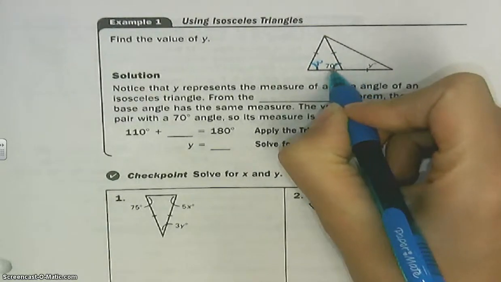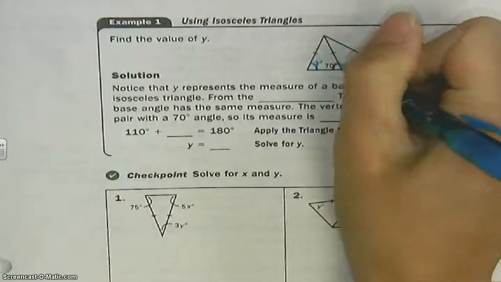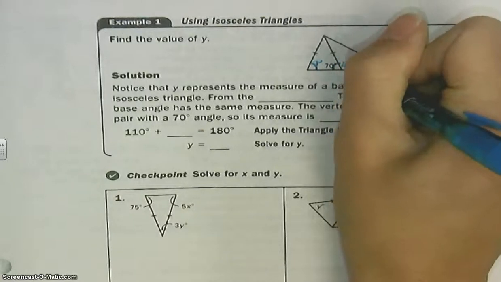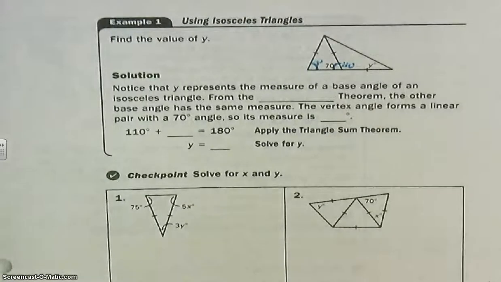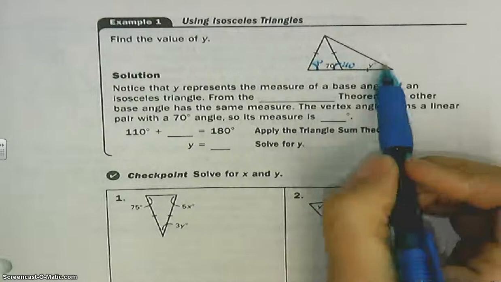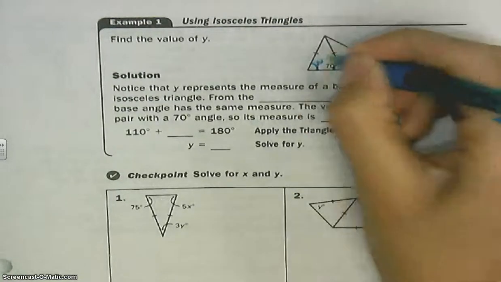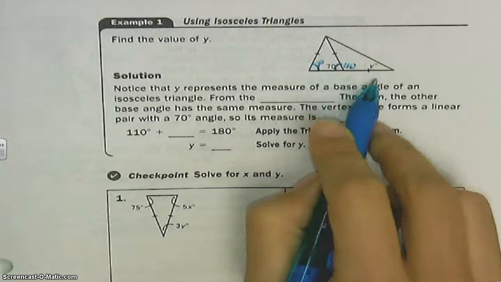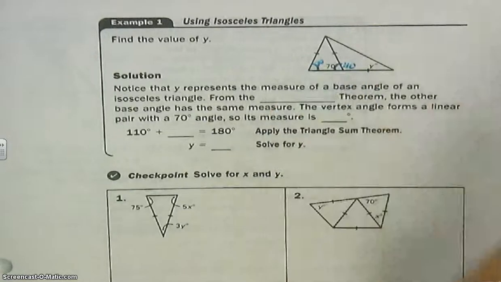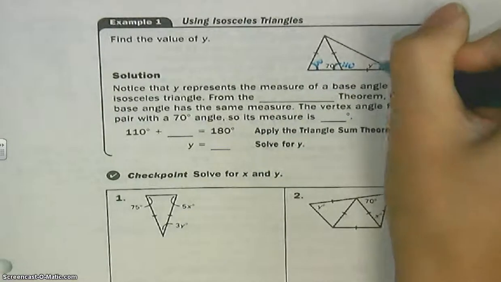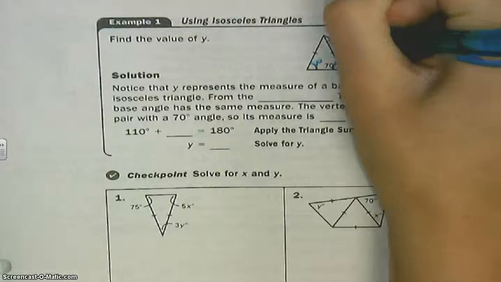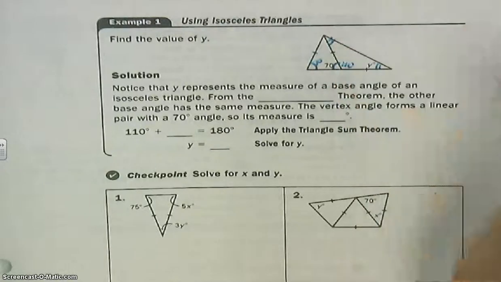So a linear pair is 180 degrees, which means I need 110 degrees right here. Now, this is a little bit more helpful because now we're at least working in this triangle, so that's a good start. Well, oh, I see another pair of legs. So here's a pair of legs, which means I've got another pair of base angles. I'm going to use two arcs on these. So those two are equal.